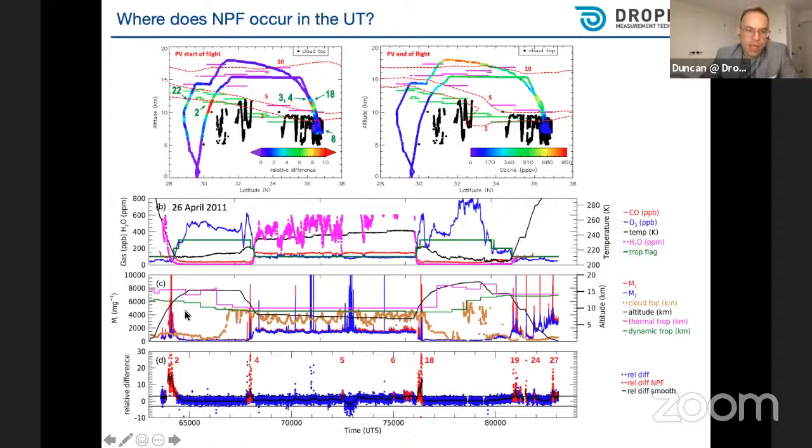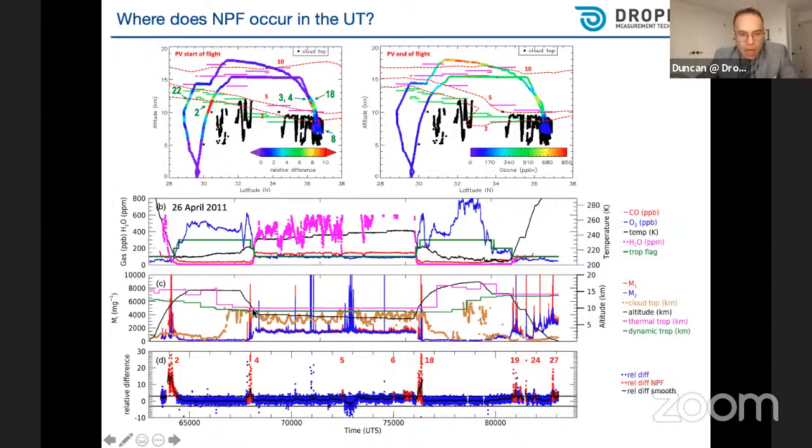So if we look at the figure above that, we see the mixing ratios of the first and second channel in the NMASS. These are shown in the red and the blue. You also see the cloud top from the satellite imagery and the altitude of the aircraft. And then I have the thermal and the dynamic tropopause being plotted according to the identification I described earlier.